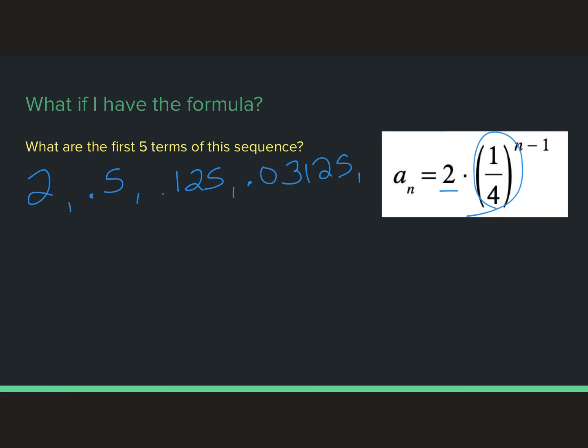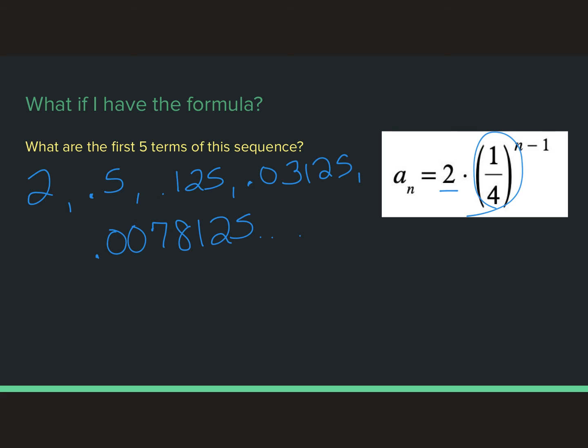And then one more time gives me 0.0078125. And of course it keeps going on and on and on.